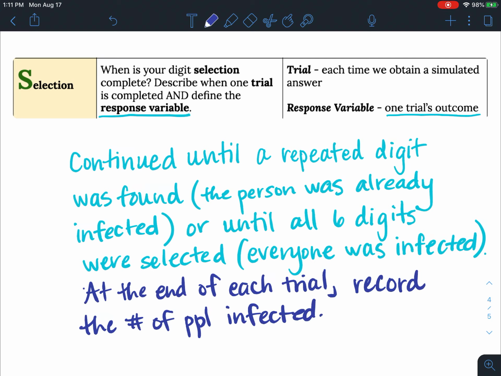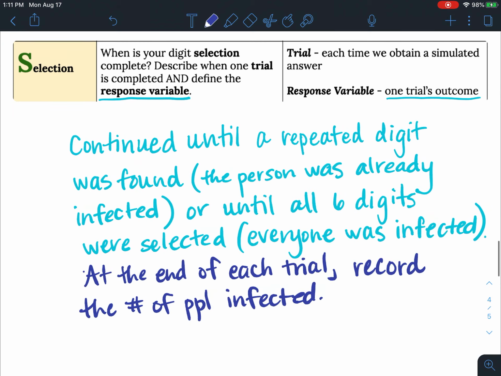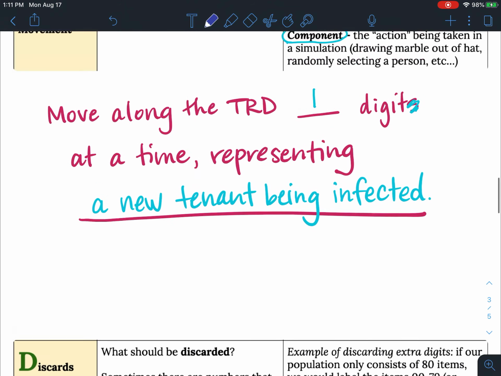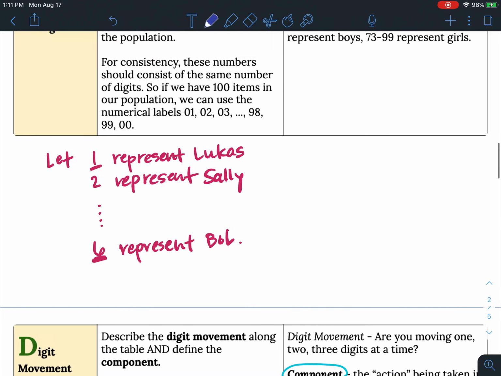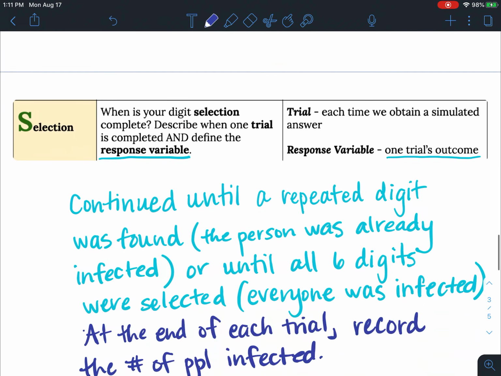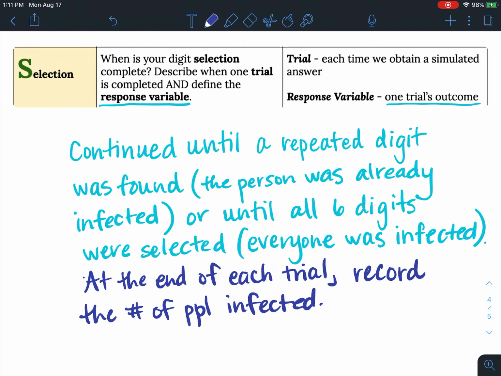PPL, not an inappropriate abbreviation, but just trying to save time there. And we did it. Those combined 4 or 5 sentences that we did under each of these would represent what you would write down on a free response question asking you to design a simulation.